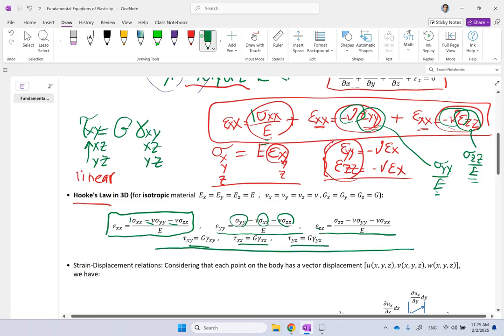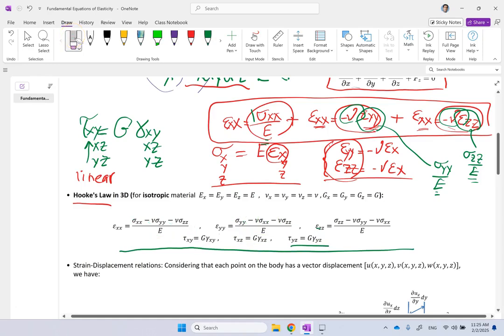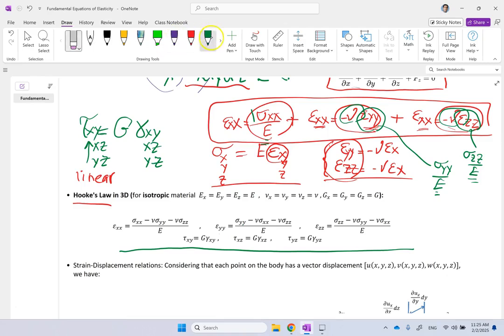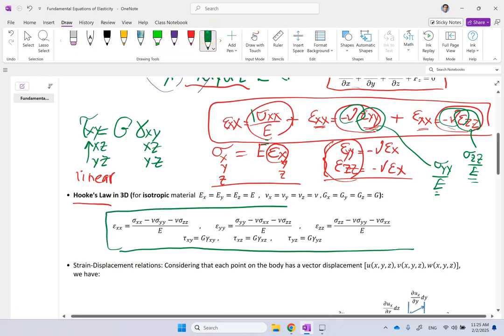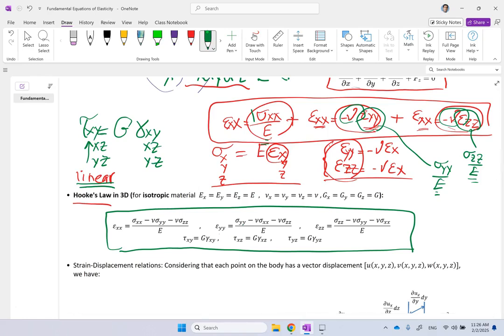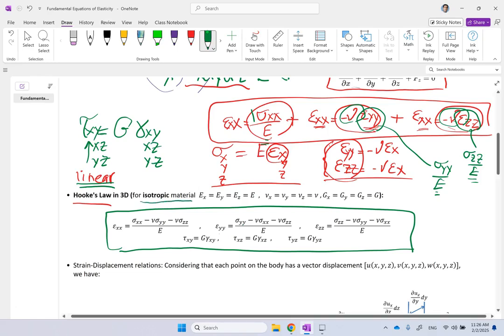So these 6 equations are going to give you relations between stresses and strains, assuming your material is acting in the linear region. So these are Hooke's law, which are only for material that's showing linearity. So they are not really applying to hyperelastic material. And the other important thing that you have to mention is the material is isotropic.